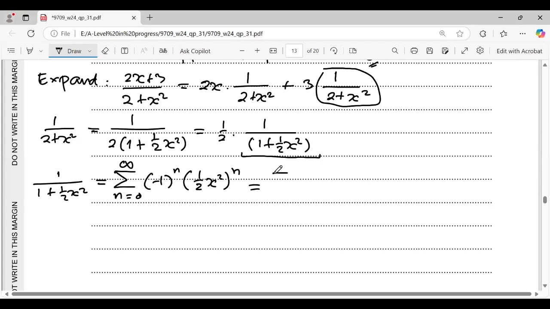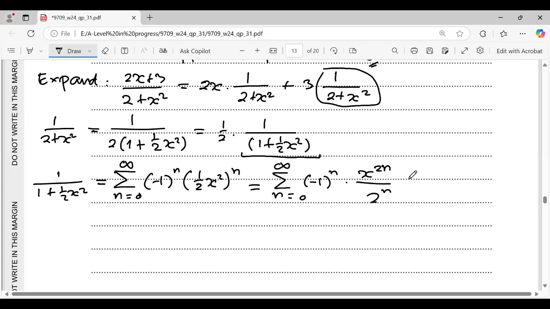So it becomes sigma n equals 0 to infinity, minus 1 power n, times x squared power n over 2 power n.